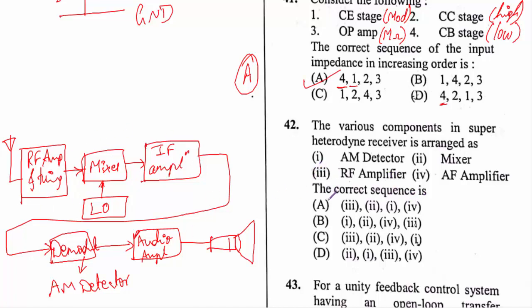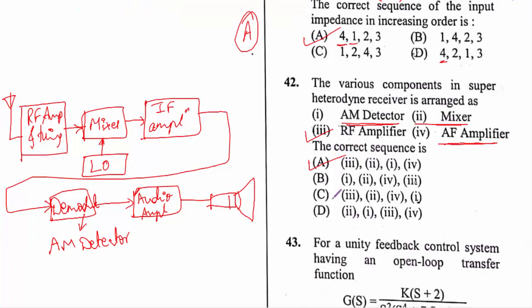So the first block will be RF amplifier. The second block will be mixer. The third block will be AM detector. The fourth one will be audio amplifier. Right? So the suitable option that is going to follow is option A is the correct statement.